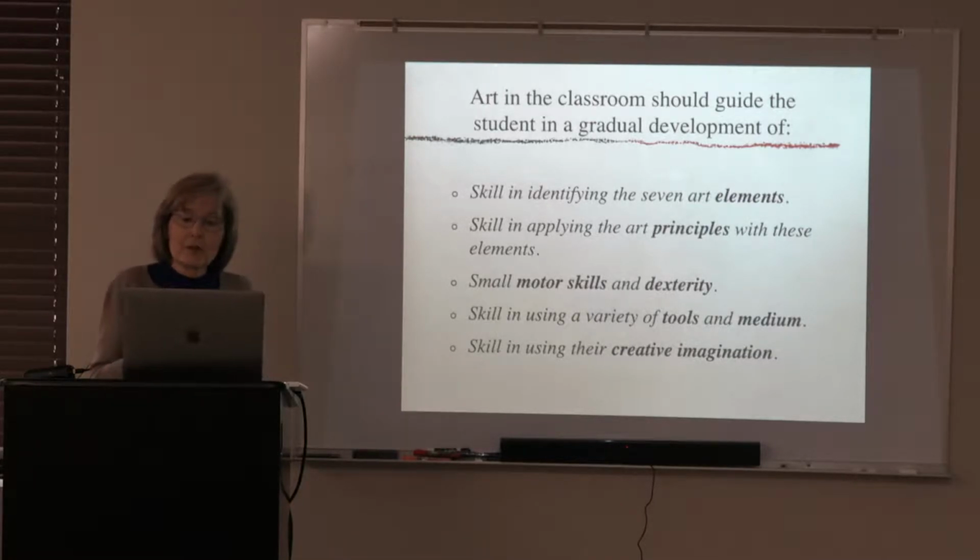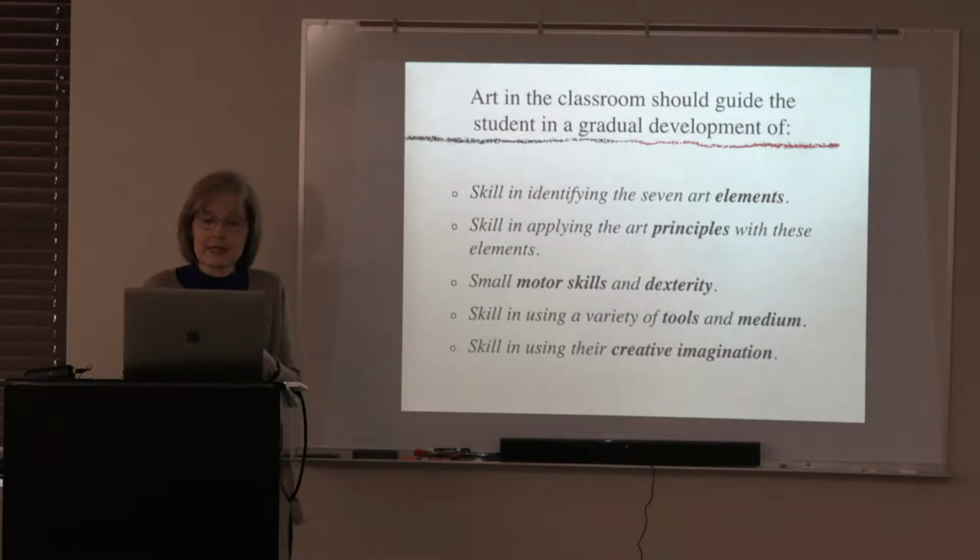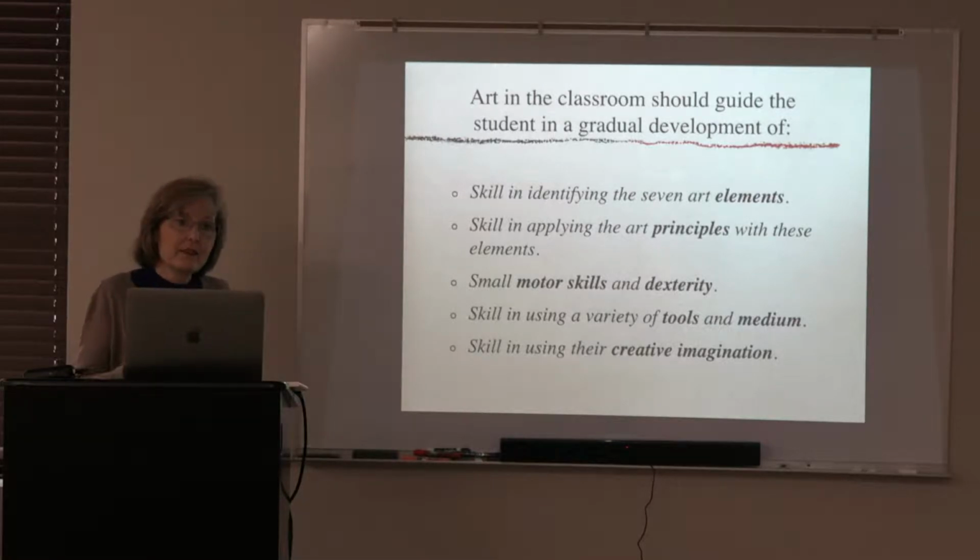And you're teaching them to use a variety of tools and mediums in art: paint brushes, stamps, crayons, clay, paper mache, all these different tools that they can use in the art field. You're teaching them skill in all of these areas.